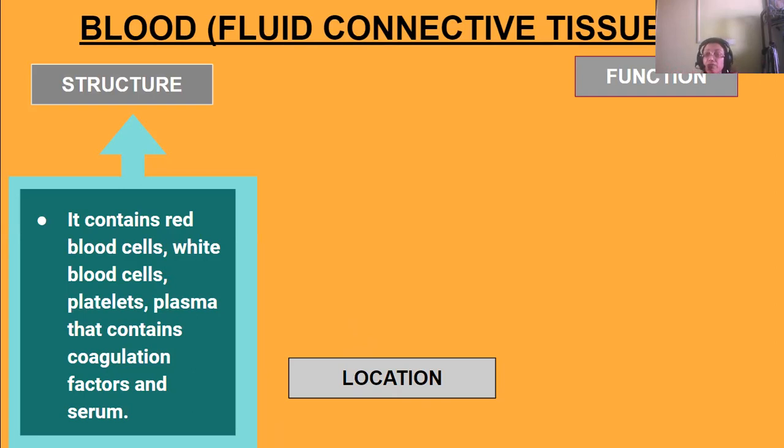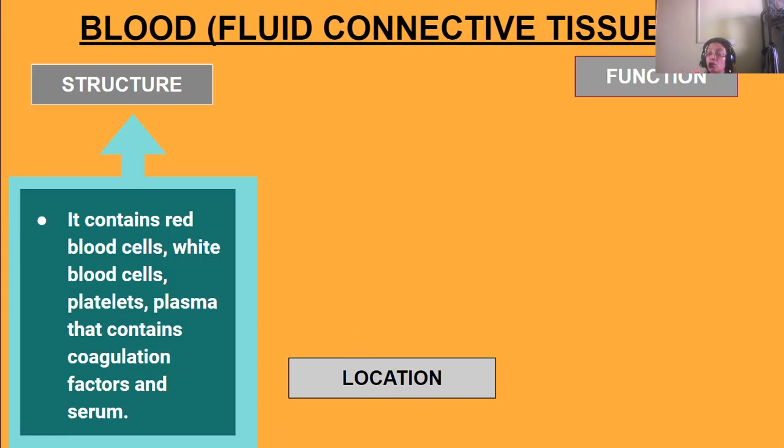Plasma contains certain factors that can help the blood to not flow continuously. Sometimes when there is a cut on our body, the blood has to clot. Otherwise, there will be continuous bleeding and the blood will flow out of the body.